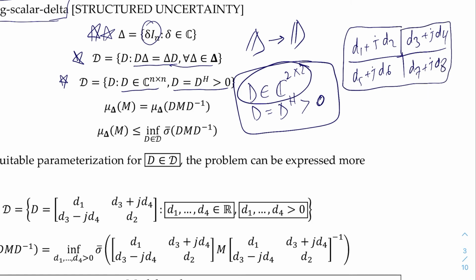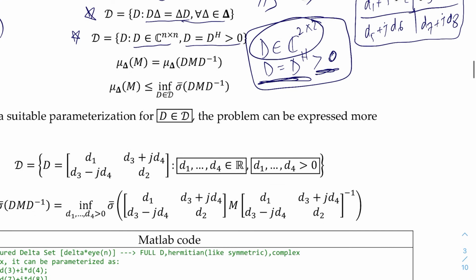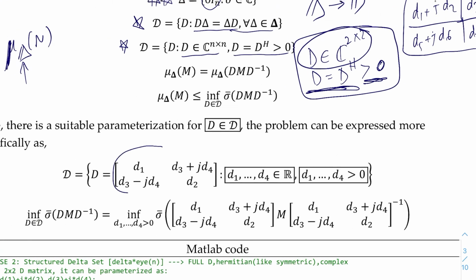We would write something like this. However, we also have this constraint, Hermitian. What is Hermitian? Hermitian is like a transpose, and also you conjugate each entry. Okay, so if you consider this constraint as well, and also the positiveness, basically this is the parameterization.